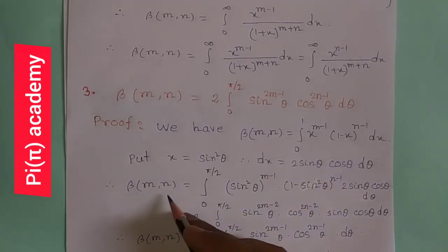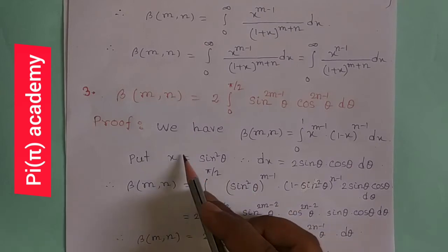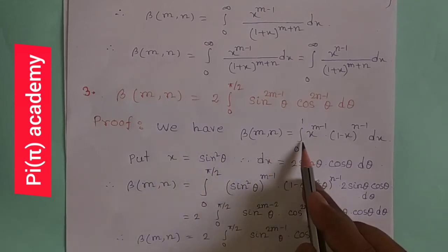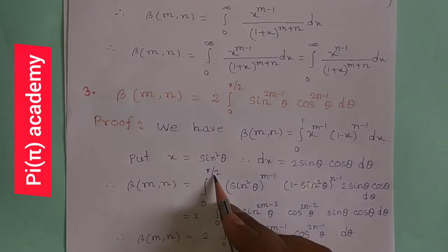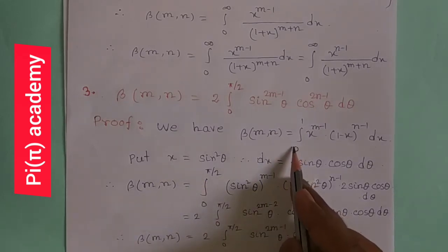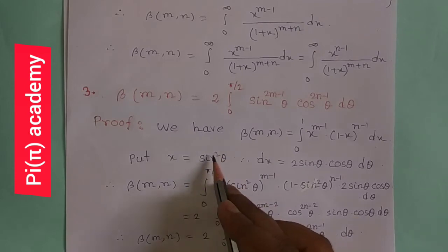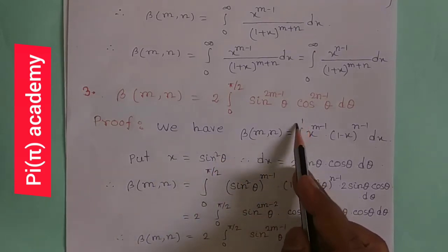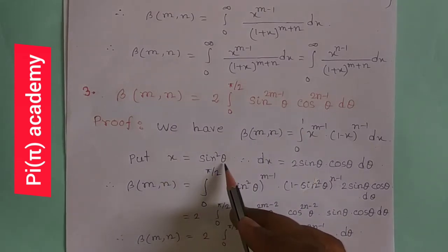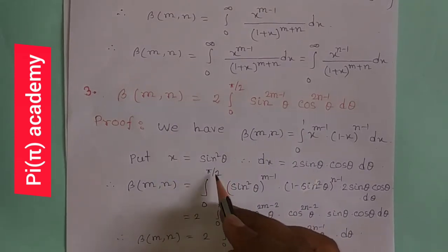Therefore beta mn, if we put the value of x in this, we can get integral 0 to pi by 2. If the value of x is 0, then sin theta equal to 0, therefore theta equal to 0. If we put x equal to 1, then sin theta equal to 1 and theta equal to pi by 2.